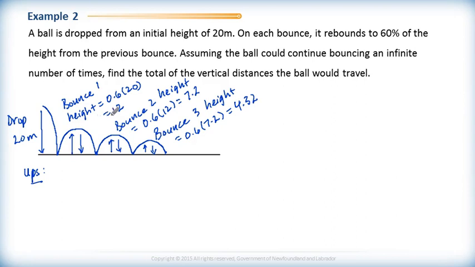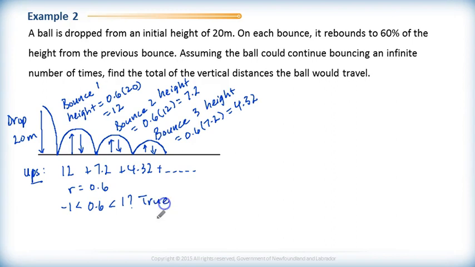The sequence we have for the bounces is 12 plus 7.2 plus 4.32, etc. This is going on to infinity. It has a common ratio of decimal 6. Decimal 6 is between -1 and 1, and it's certainly not equal to 0. So that's a true statement, therefore converges to a sum.